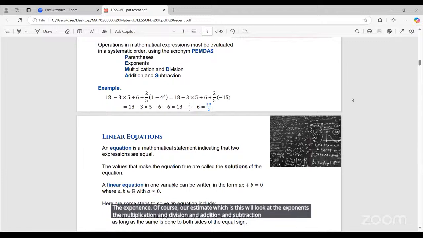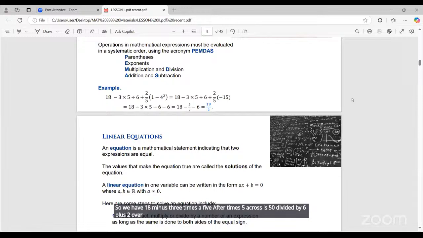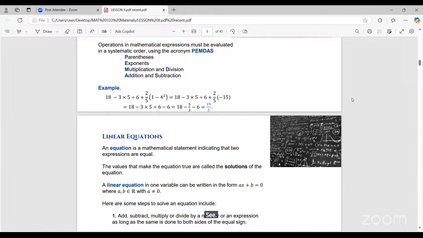We look at our multiplication. So we have 18 minus 3 times 5, and 3 times 5 is 15, divided by 6 plus 2 over 5 minus 15. You know how that minus 15 is coming? 1 minus 4 squared. First the square, 4 times 4 is 16. Minus 16 plus 1, you have minus 15.